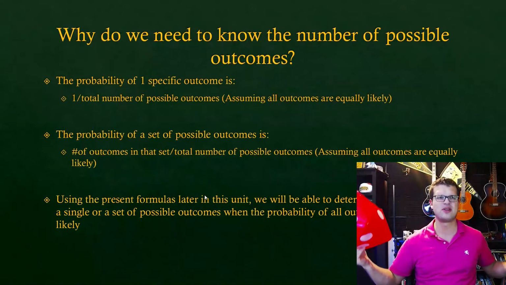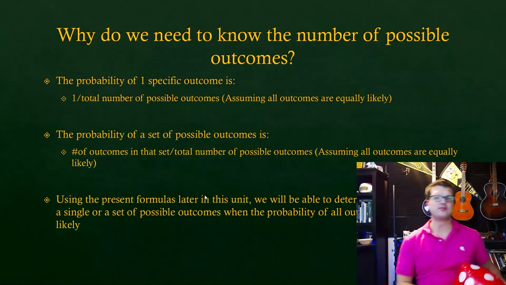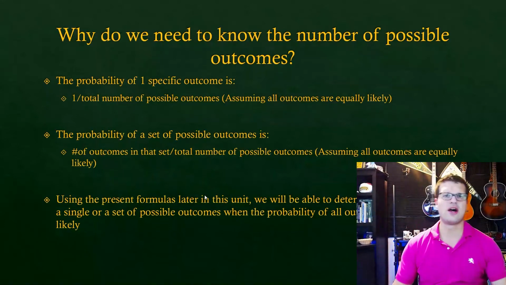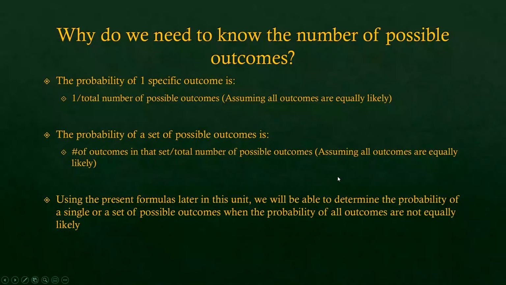What's the probability of both of these landing between 1 and 3? Later we're going to be using these assuming that all outcomes are equally likely. A little bit later in the unit, we're going to look at how to use these formulas when all possible outcomes are not equally likely.